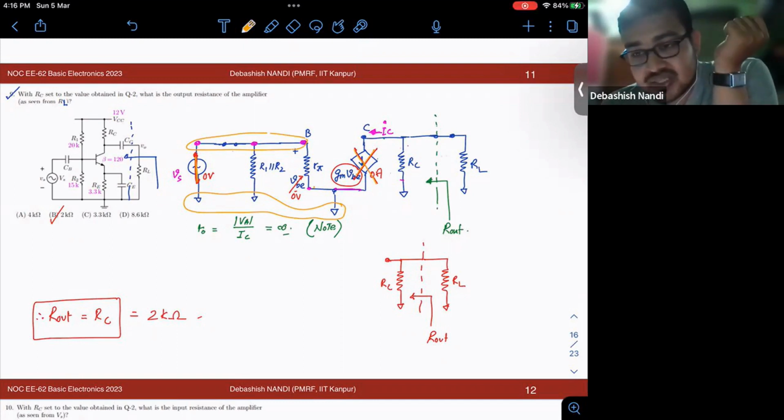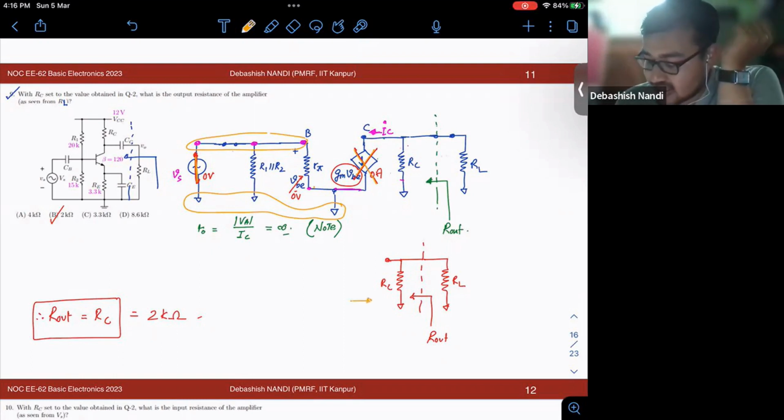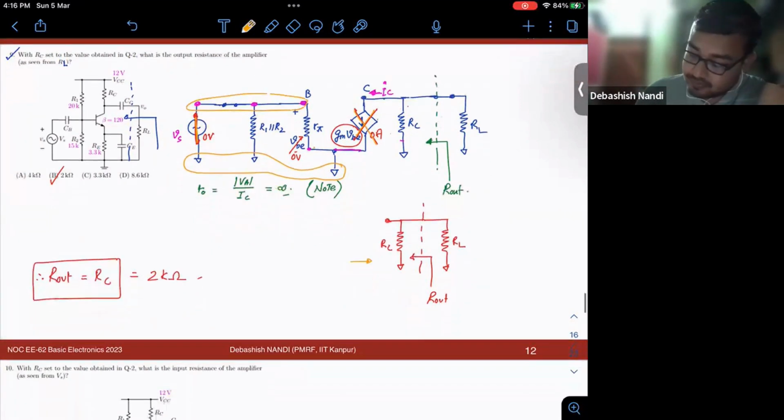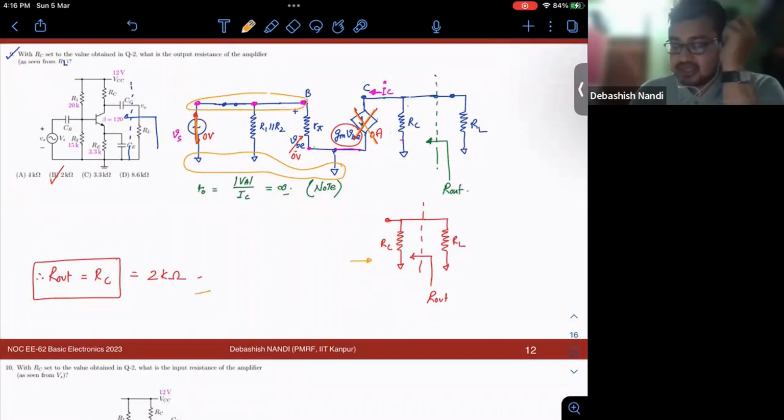If the current source is 0, that means it is an open circuit. If it is an open circuit, then my circuit diagram looks like this, and it is very simple to see that my R out looking from RL is RC, and RC is 2K. I think it is clear.